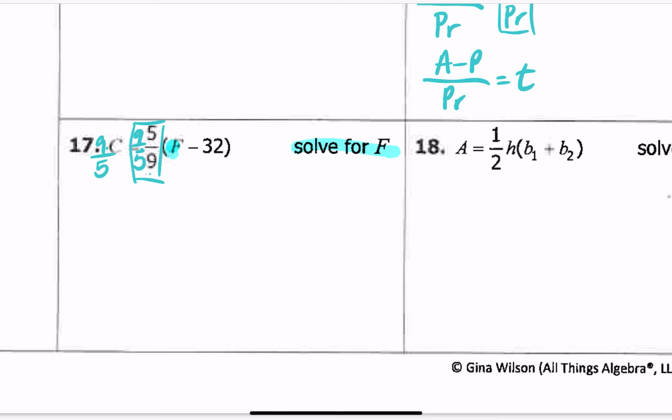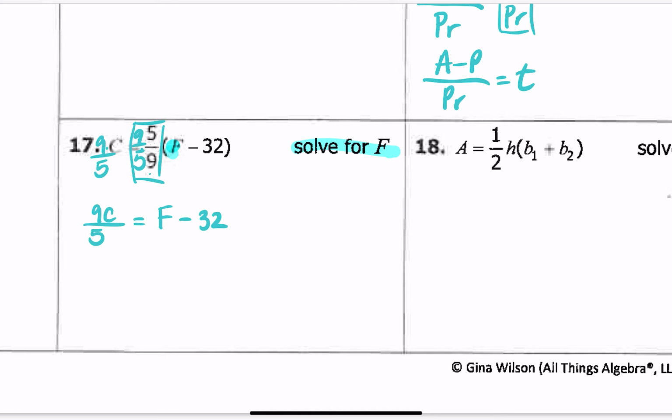And then on the left side, I end up with 9 times c over 5 equals f minus 32. I can lose the parentheses because now I got rid of the 5 over 9. You could have distributed, it just would have made the problem more complicated because you would have had to multiply 5/9 times negative 32, which would have been complicated. So this makes it a little easier. This step gets rid of it, and then you could just work with the f minus 32.